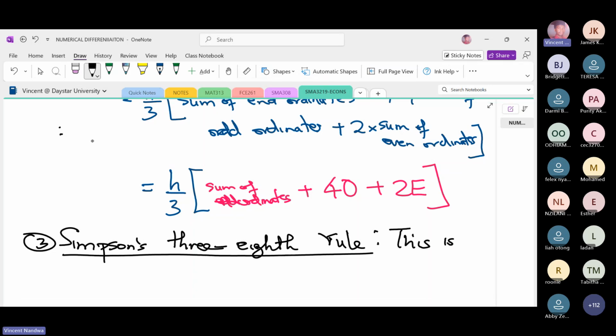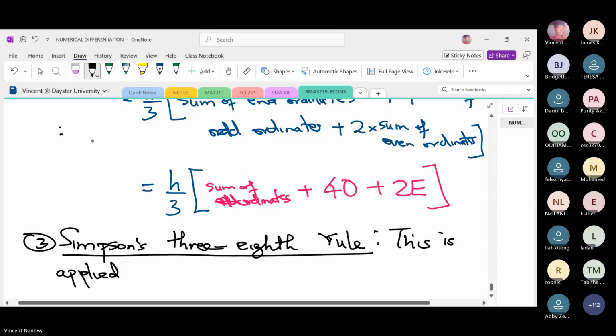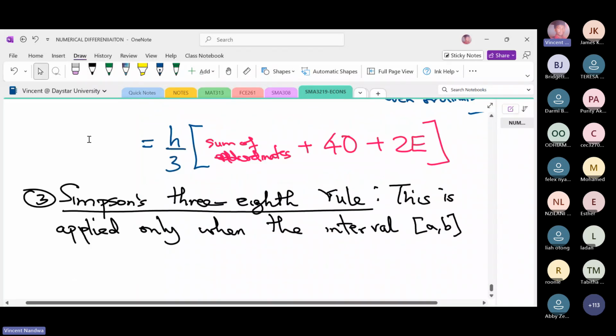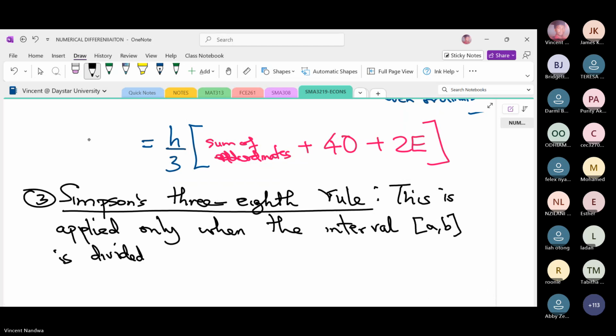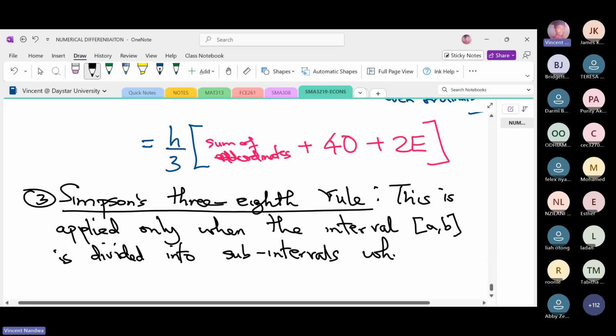This is applied only when the interval a to b is divided into subintervals which are multiples of 3. You should take note of that.